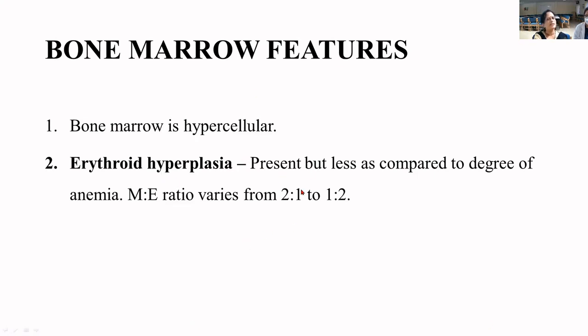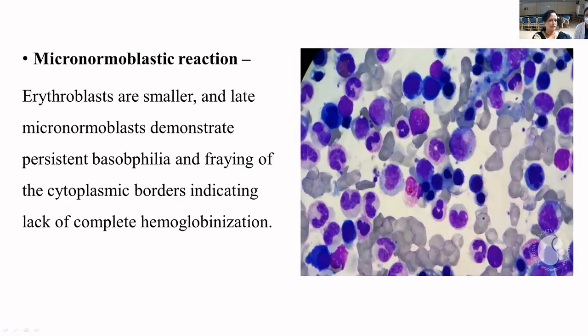Otherwise, in the bone marrow there is erythroid hyperplasia, because the bone marrow has to compensate for the loss. The M:E ratio varies from 2:1 to 1:2. When we look at the precursors of the microcytes, naturally they would be small.